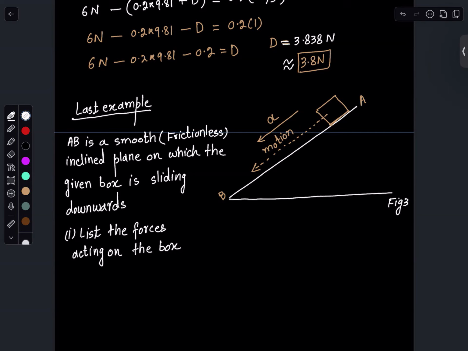Weight and friction. Sir, weight and then दूसरा I don't know the second one.